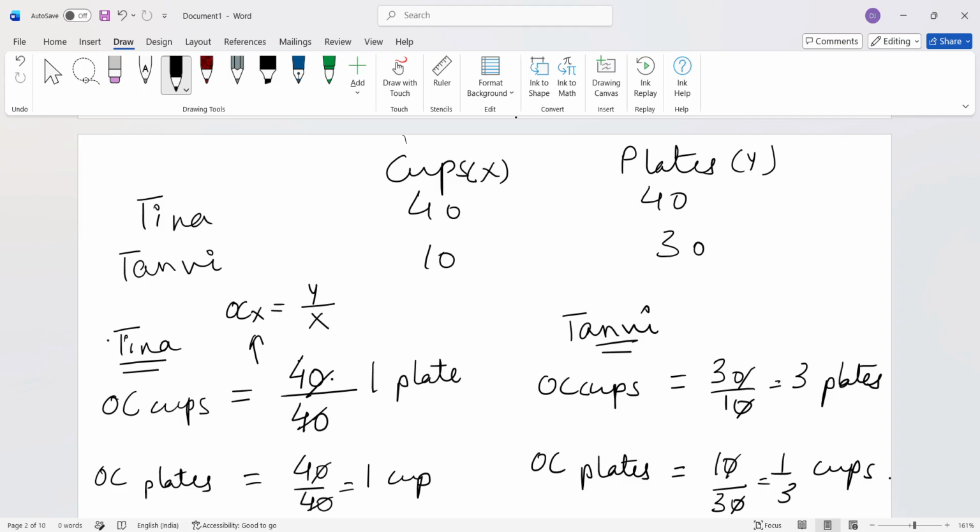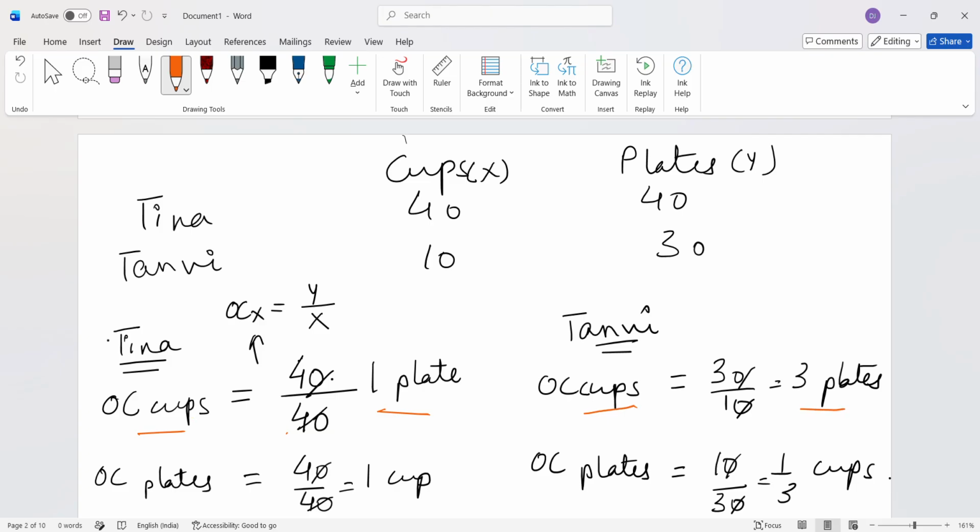The next thing that we do is we compare the opportunity costs for both of them. So we see who has a lower opportunity cost in the production of a particular good. Let's start with cups. For Tina, the opportunity cost for cups is 1 plate. For Tanvi, the opportunity cost for cups is 3 plates.